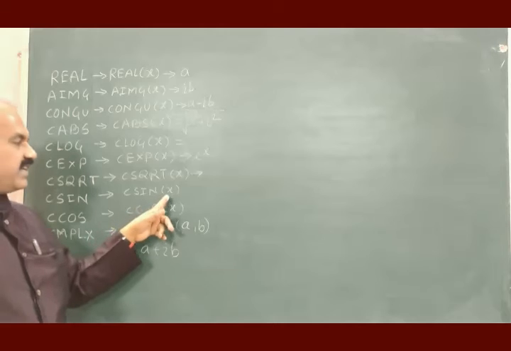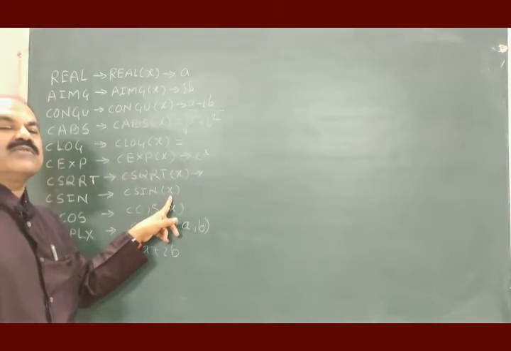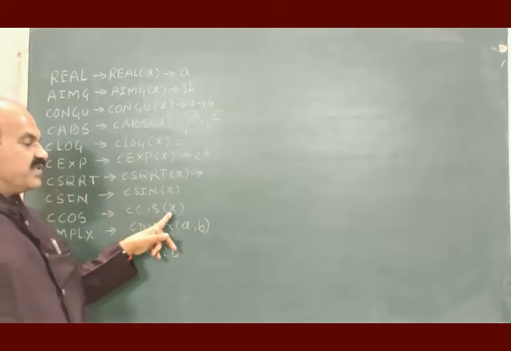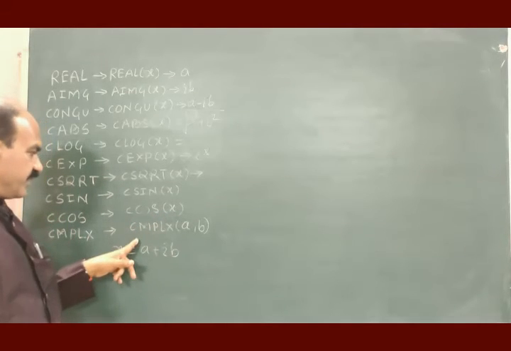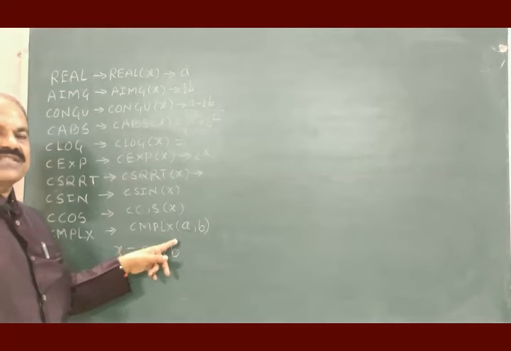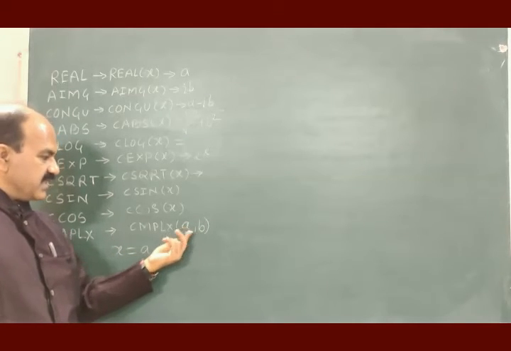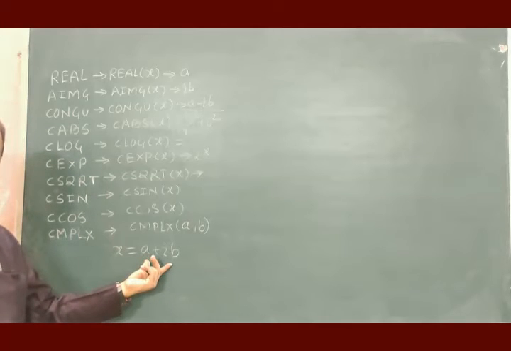CSIN, take the sine of complex argument x. CCOS, take the cosine of complex argument x. CMPLX, a comma b, means that this is a complex number given by a plus ib.